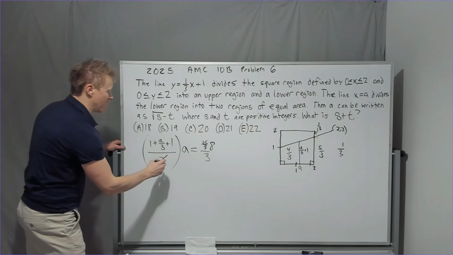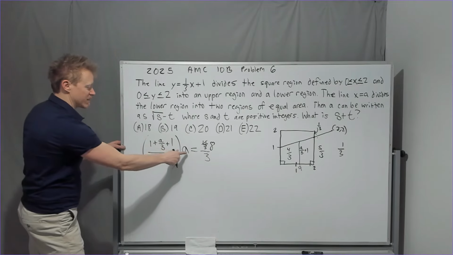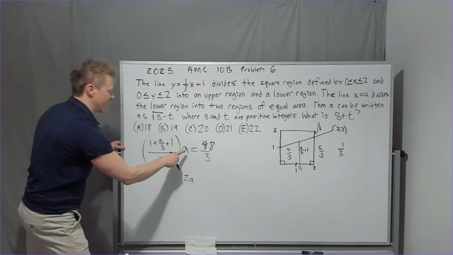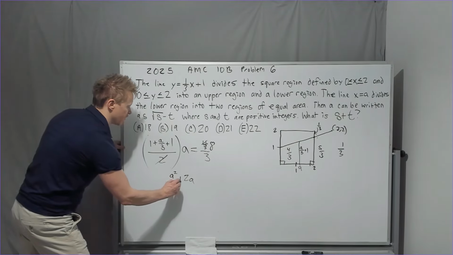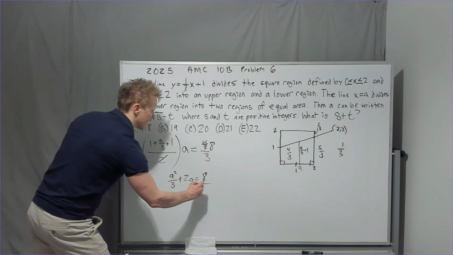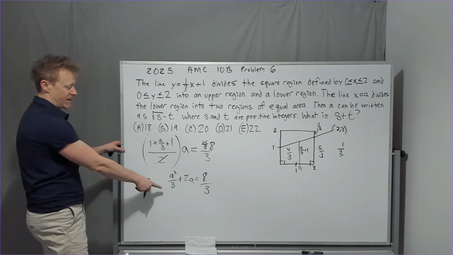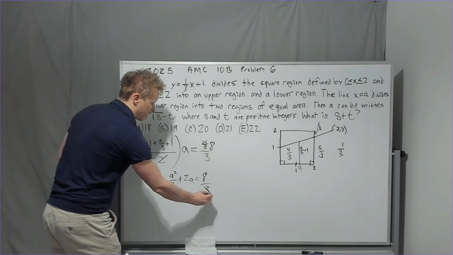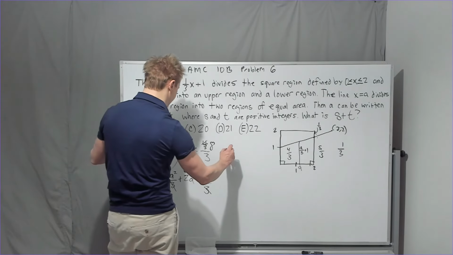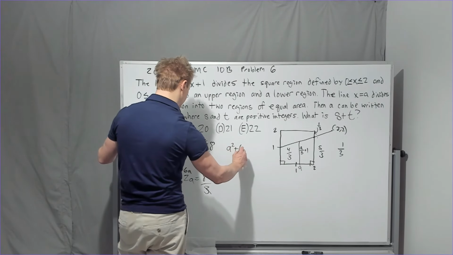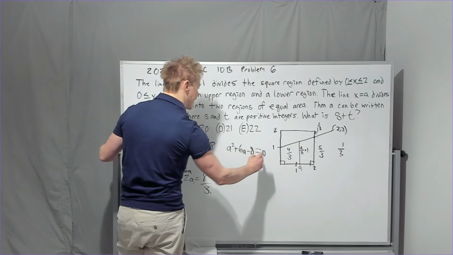All right, so now we're going to have 2 times a is 2a, and a times a over 3 is a squared over 3, plus this equals 8 thirds. Now I'm going to multiply by 3. It's going to go away here and here, but make this 6a. And so now we have a squared plus 6a minus 8 equals 0.